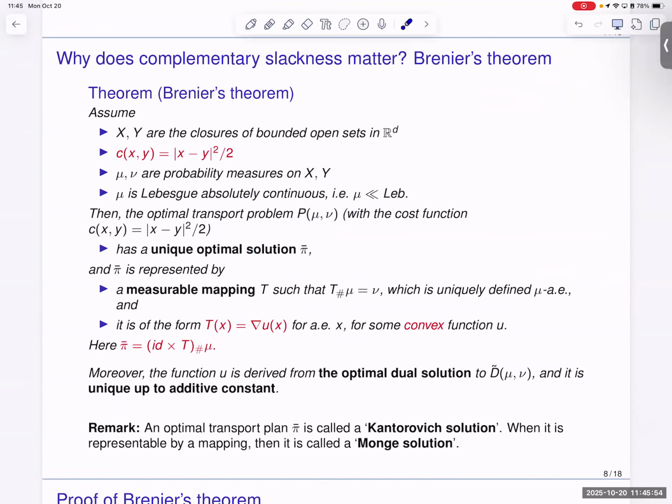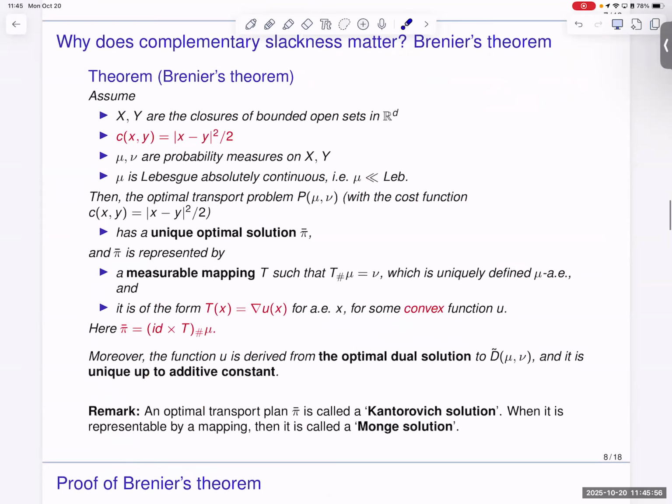How do you get that? Let's prove it. Here we have the assumption that the cost c is the distance squared function, mu is absolutely continuous, and X and Y are bounded.